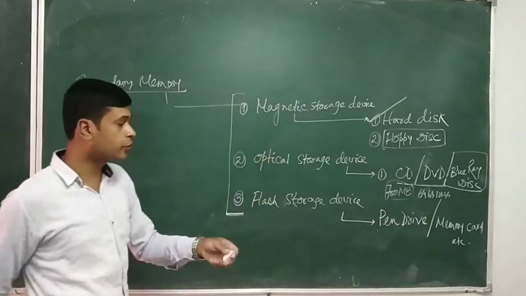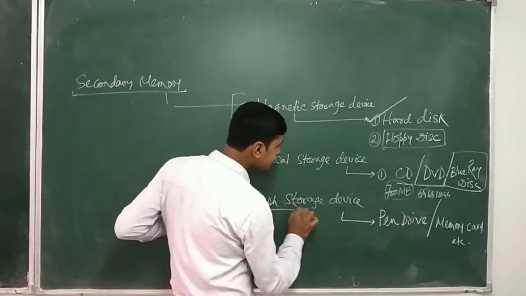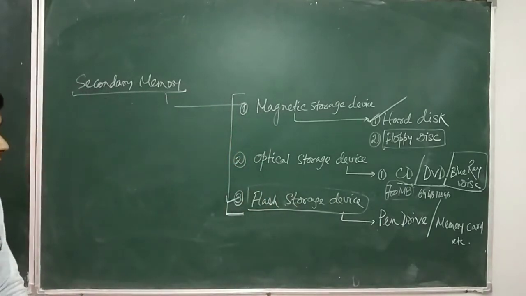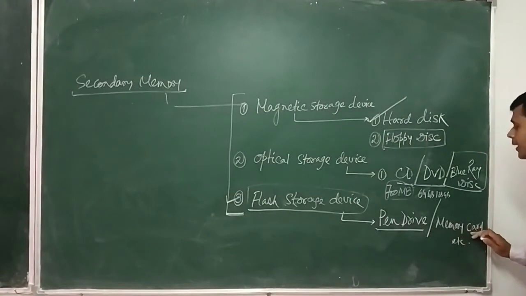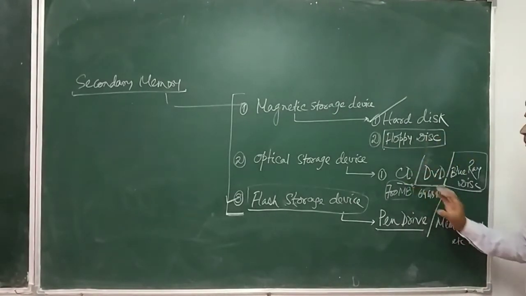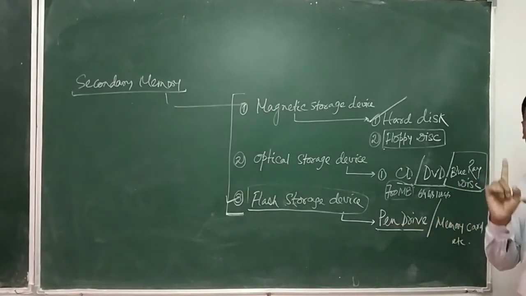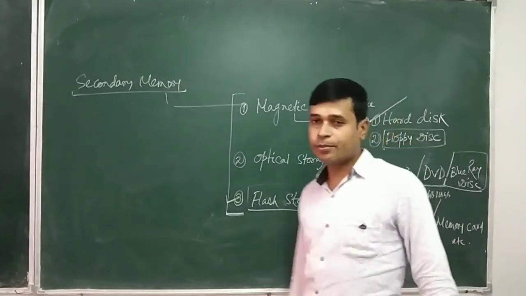Okay, so these are called the optical storage devices. Next, number 3 is flash memory devices or flash storage devices. Pen drive, memory card, etc. are examples of flash memory devices. With the help of these devices we can store a large amount of information and data.